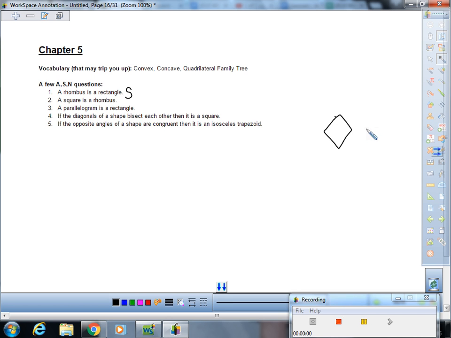Number 2, a square is a rhombus. So if we have our chart, this is parallelogram, and parallelogram had two kids, which is rhombus and a rectangle, and then they had square. So a square is a rhombus always, because when you go up, it's always.